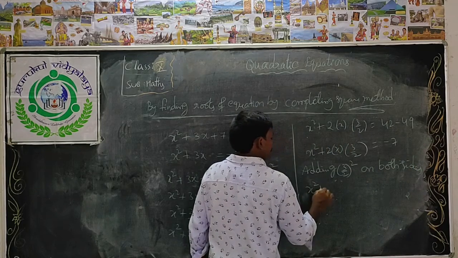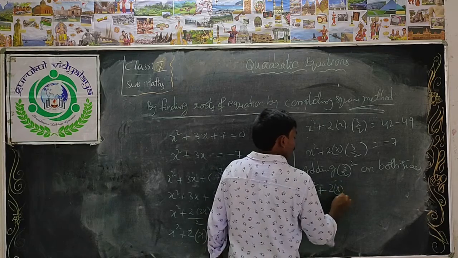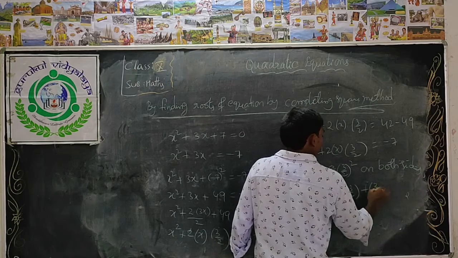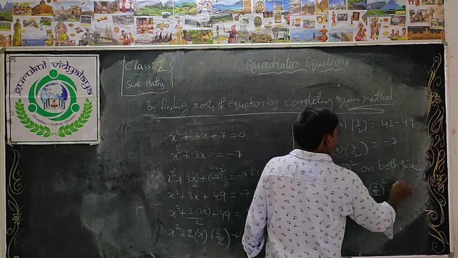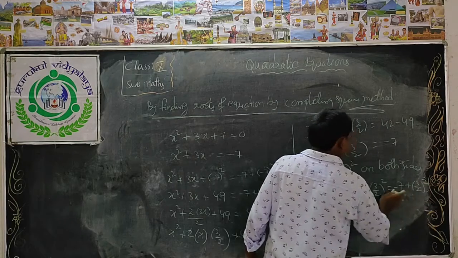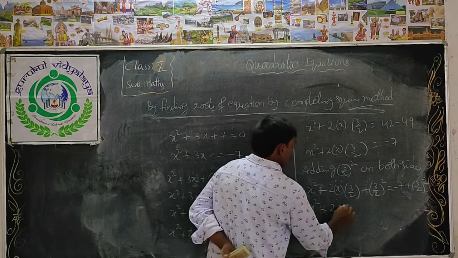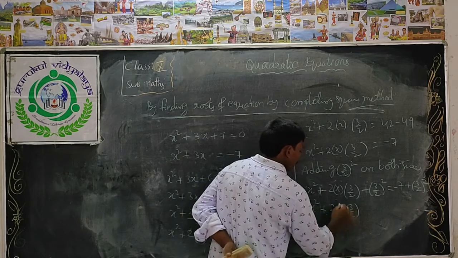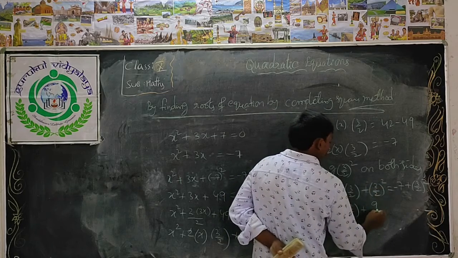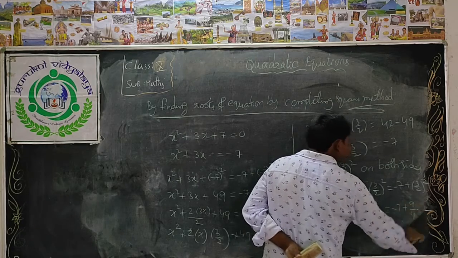X square plus 2x times 3 by 2 plus (3 by 2) whole square is equal to minus 7 plus (3 by 2) whole square, which is 9 by 4.